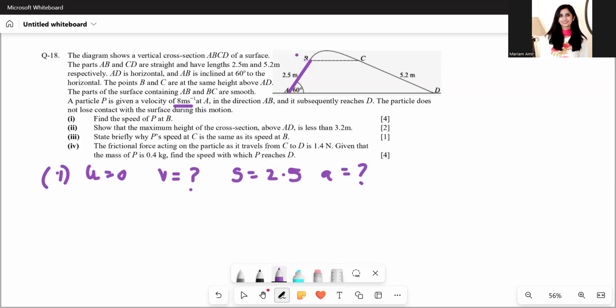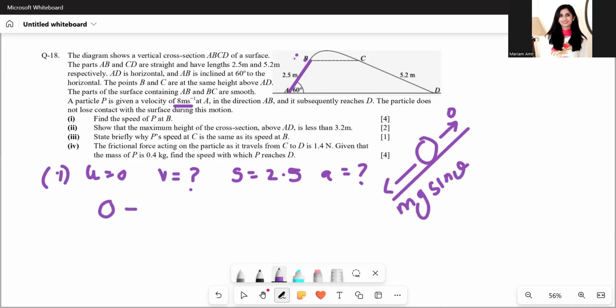We're going to apply Newton's second law on the journey AB. So, it's a particle. There's no forward force mentioned. There's going to be a backward force, which is the gravitational pull. So, mg sine theta is going to be that component. So, forward force, which is 0, minus backward force is m, what is the mass?